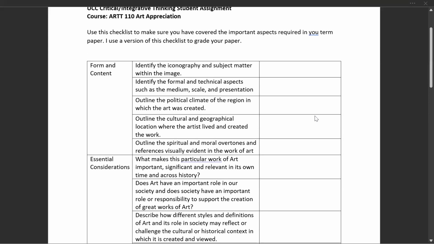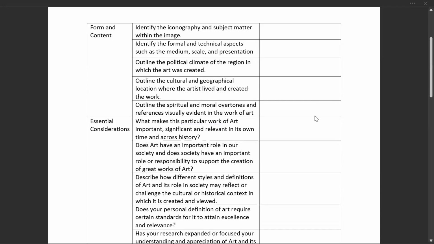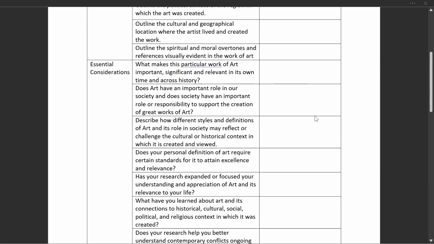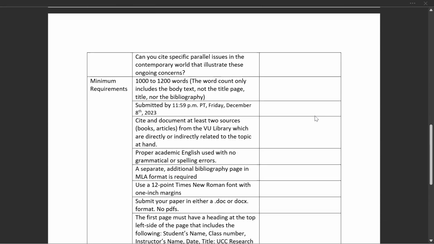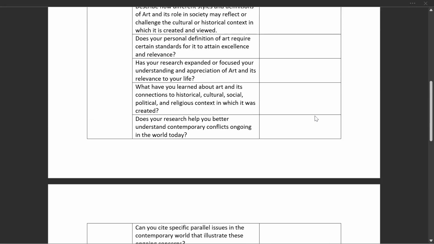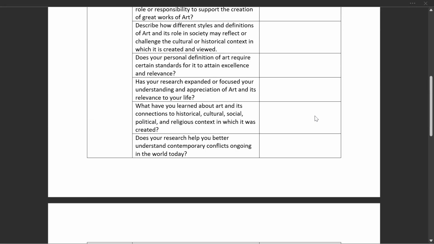And I have both the form and content aspect of it, and then also the essential considerations from the assignment sheet. Below that is what I'm calling minimum requirements. Now, up above, there's some leeway about how you've answered a particular question or concern and your level of competence and thoroughness.